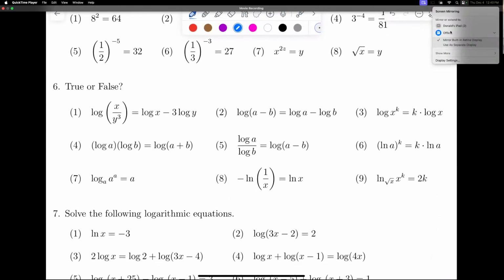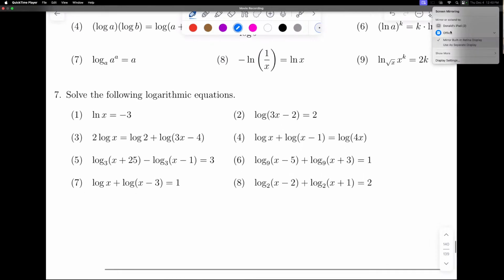True and false. Those questions are very good. We'll go through that. The answers I'll show you in a second. But those true and false are very important. You are gonna have to solve logarithm equations. I feel like you guys feel really comfortable with that, except 7-3, where you have to get rid of log at the same time on both sides, but you have to condense both sides.